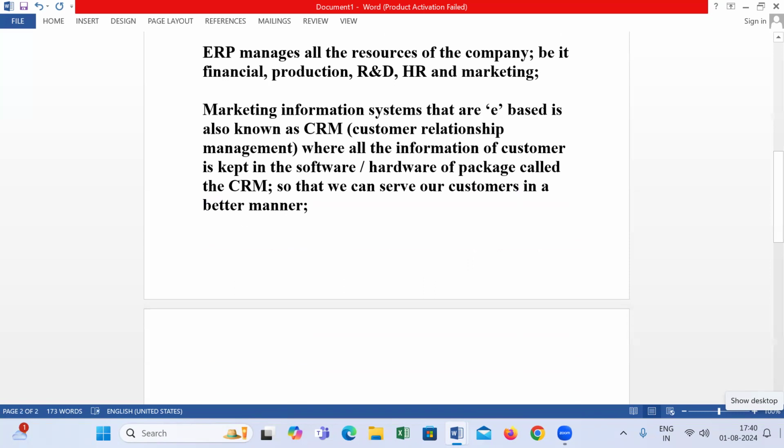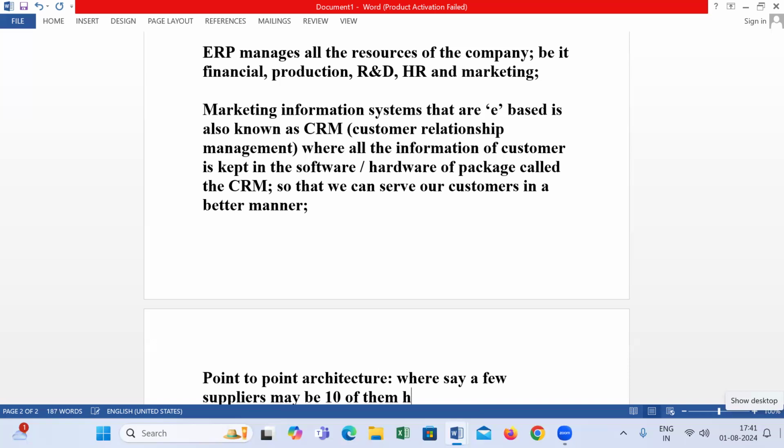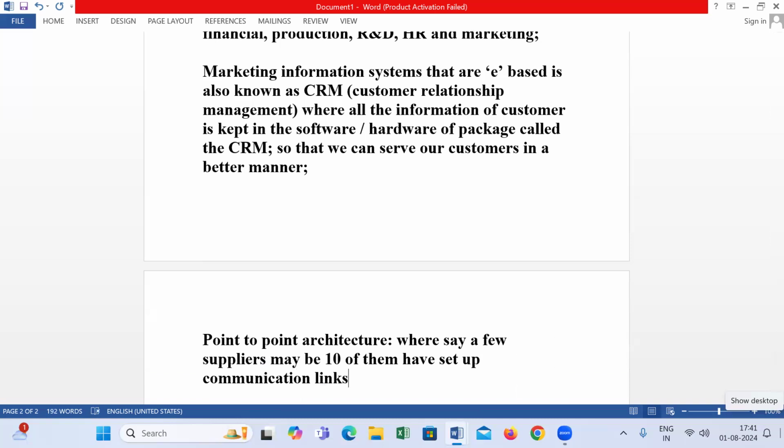Next key part of it is point-to-point architecture. Point-to-point architecture, where say a few suppliers, maybe 10 of them, have set up communication links for data transfer.